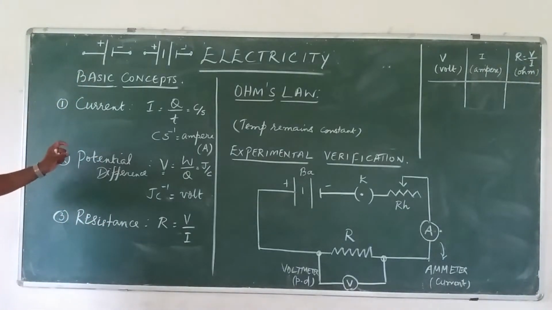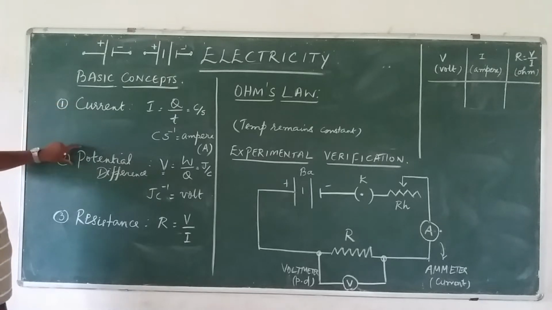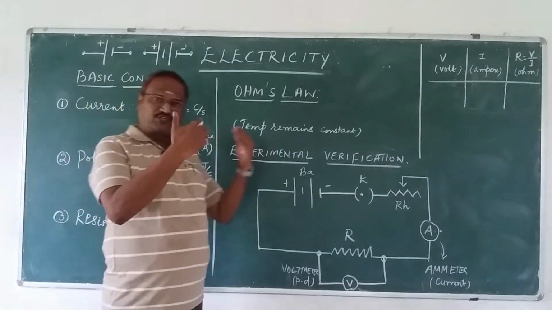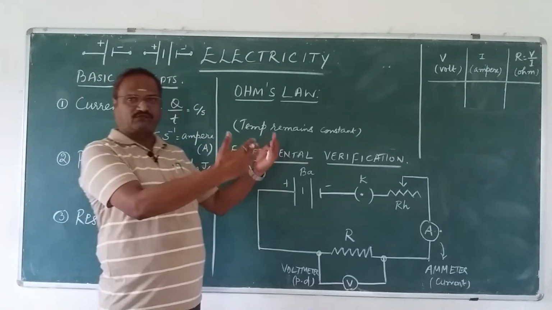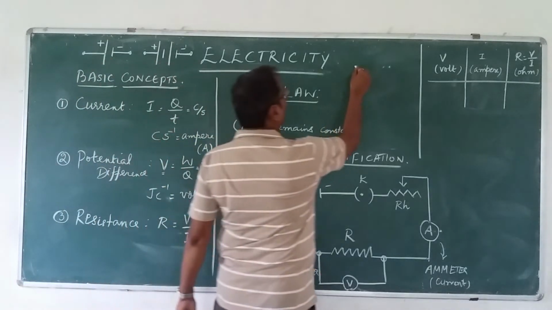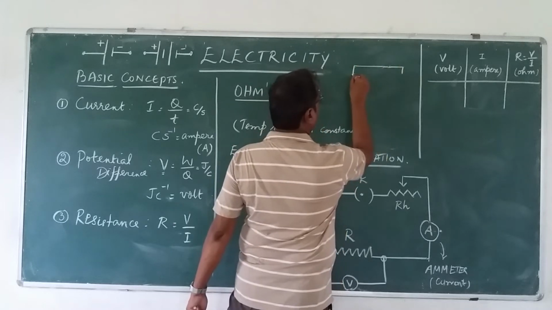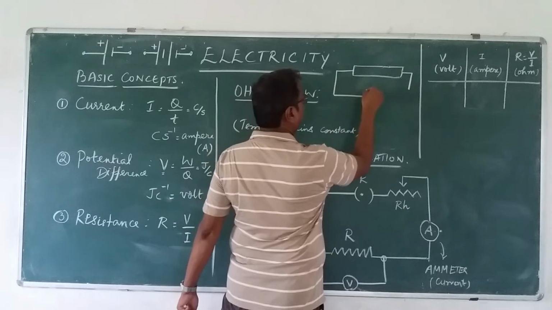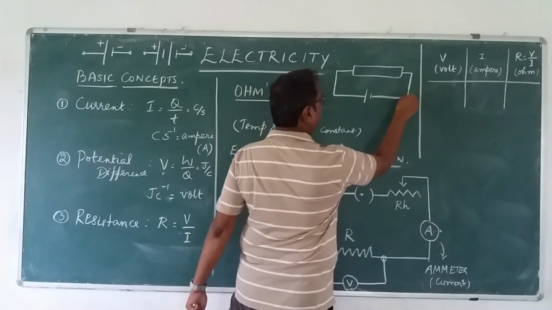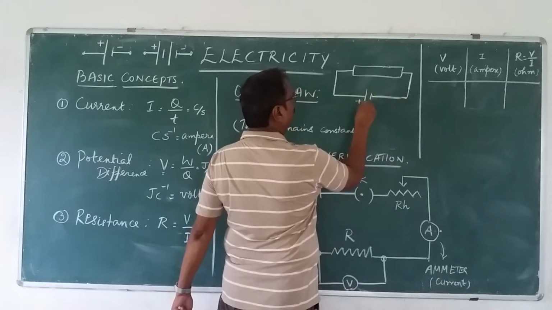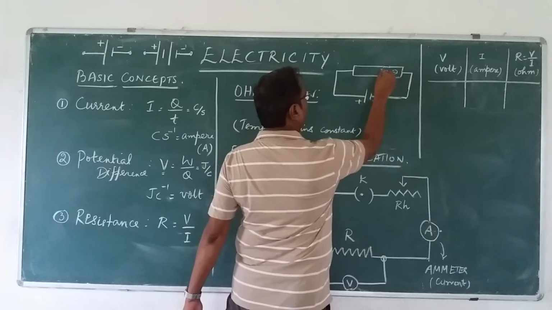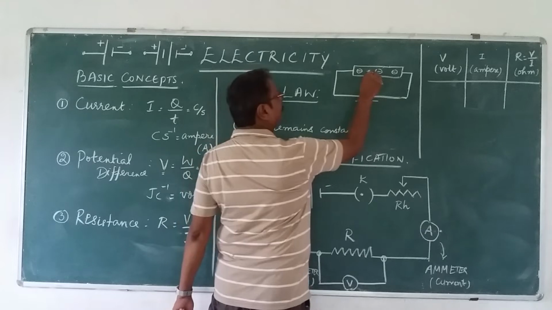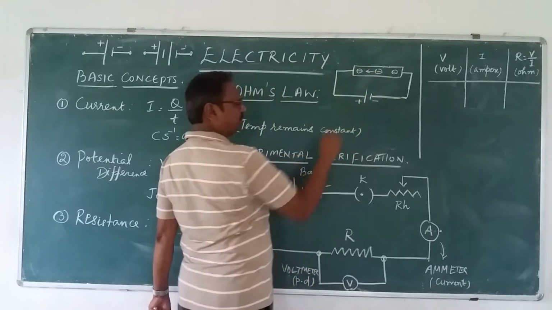We studied the relation between the potential difference and the current. The more the potential difference, the more the current flowing through a conductor. We studied in detail taking a conductor like this and connecting it to a cell, and we said that the electrons move inside the wire, though it is not hollow, towards the positive terminal.